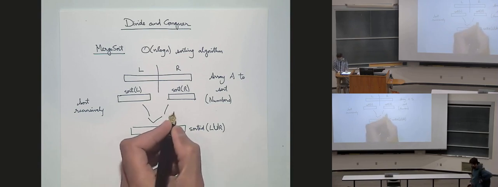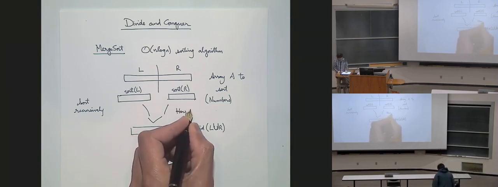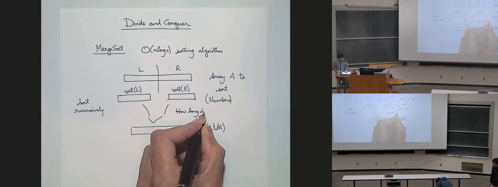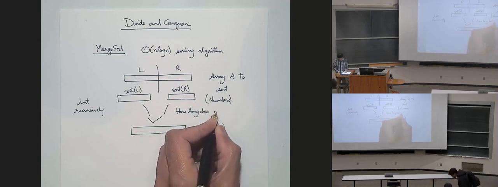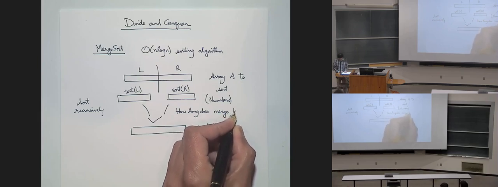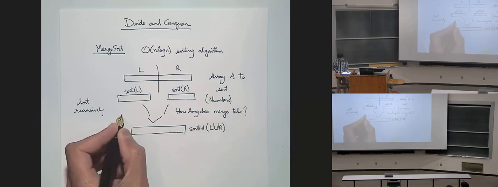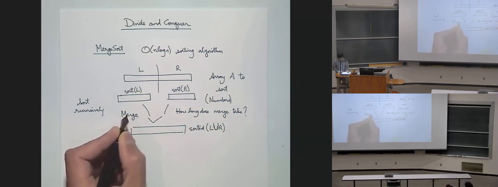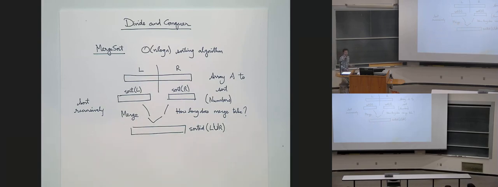And so the question is, how long does this merge take? So this is the merge operation. Does anyone remember? If I give you two sorted arrays, you have to combine them into one sorted array. How long does it take?